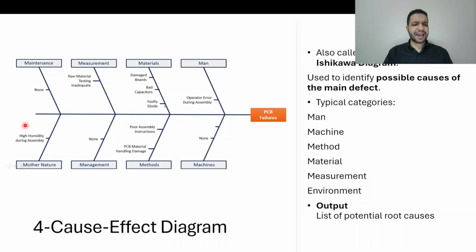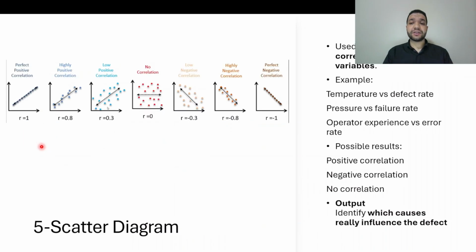After that, I take one problem, for example, to study it further, to know the correlation using the scatter diagram. Scatter diagram is used to know the correlation between multiple variables. For example, the humidity and PCB failures. It can be positive correlation, the higher humidity, the higher defect rate.